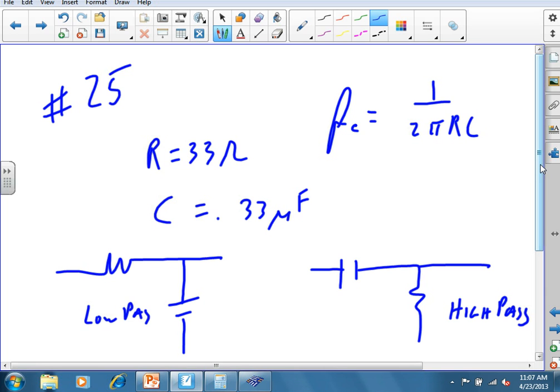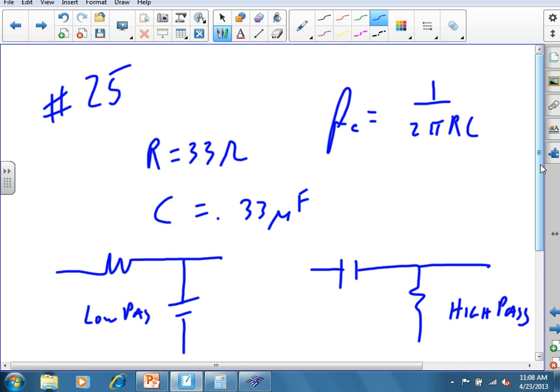That's the square root of RC. No, it's 2 pi RC. Getting close. Yeah, 2 pi RC.